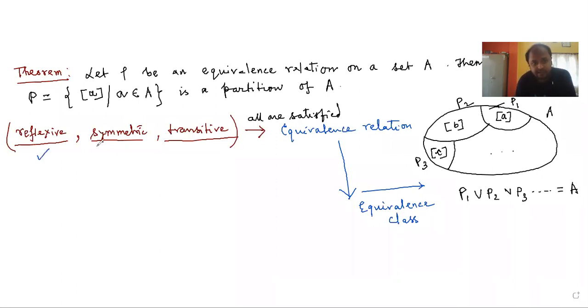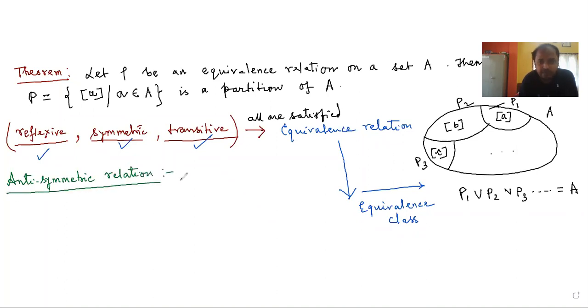Apart from these three different relations, another interesting relation is sometimes studied, and it is called the antisymmetric relation. So today I am going to first define what we mean by an antisymmetric relation. The definition goes like this.